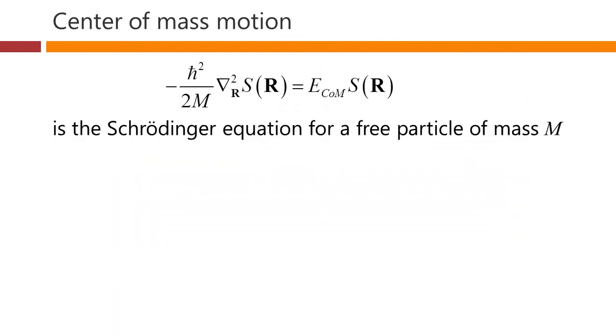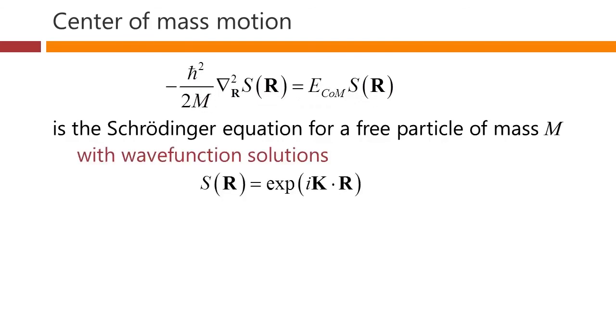This one is really easy to solve. If you look at this equation, it's basically a Schrödinger equation for a particle of mass M in free space. And that has very simple solutions that we know. It's somewhat tricky to normalize them, but we don't need to do that at this point. So these solutions here, e to the i capital K dot capital R, are solutions of this equation.